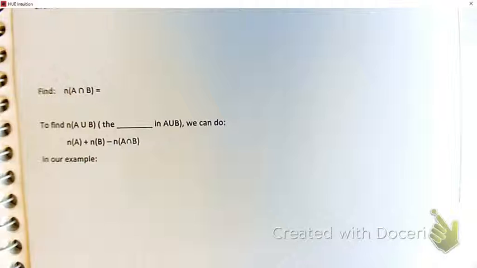It says to figure out A union B. And this is a formula that we may need later on. When we're trying to find A union B, we're just going to add the three circles together. The three circles together gave me 550.